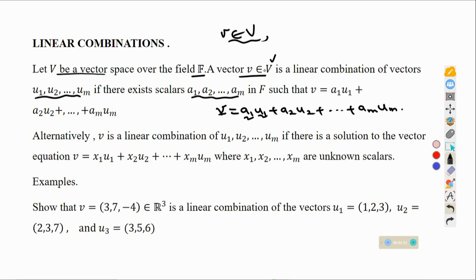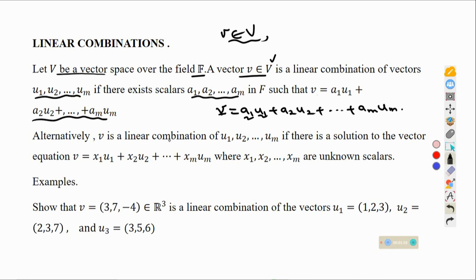In other words, v will be a linear combination of these vectors only when we have defined scalars, that is a1, a2 up to am, such that you are able to write this. So if you are able to write v as a combination of scalars and vectors, then v will be a linear combination of such vectors.